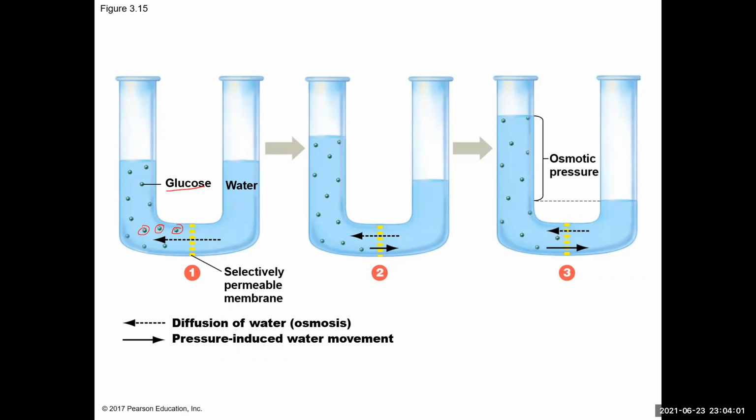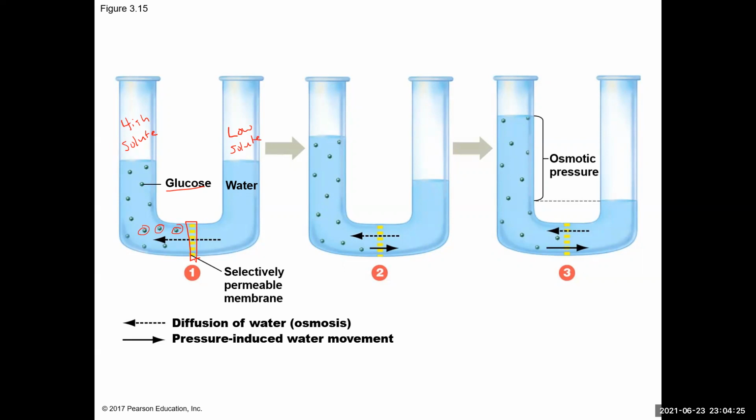So what this means is that there is a low solute over here. There is a high solute over here. And so that means water wants to move across this selectively permeable membrane here in the direction of low to high, okay?